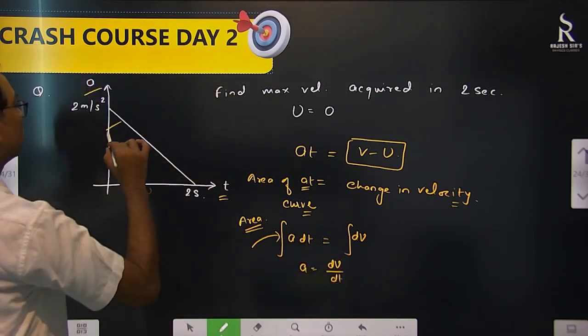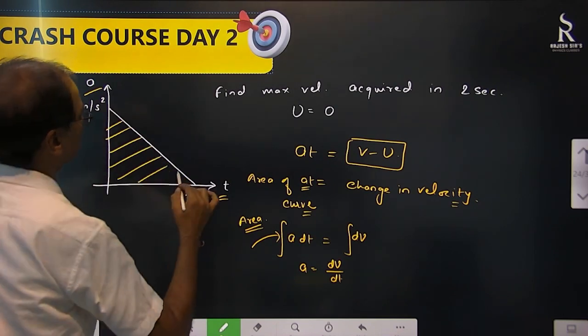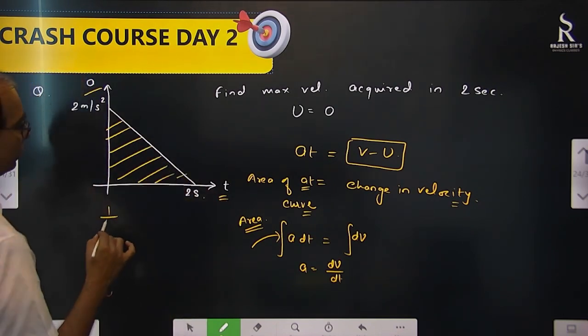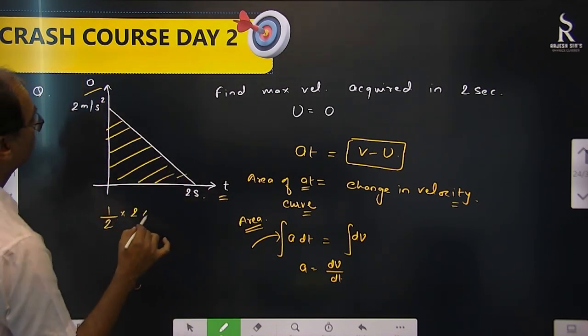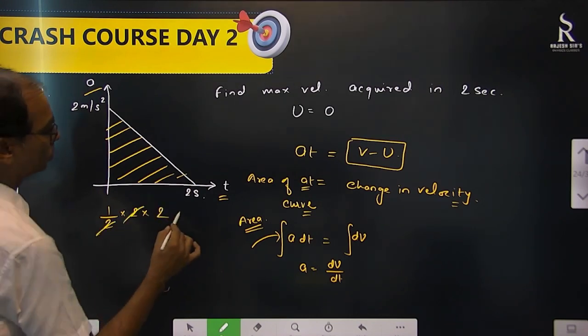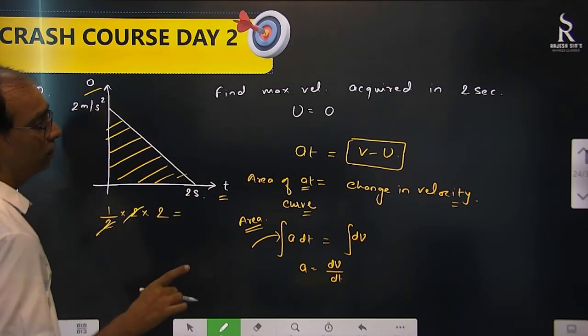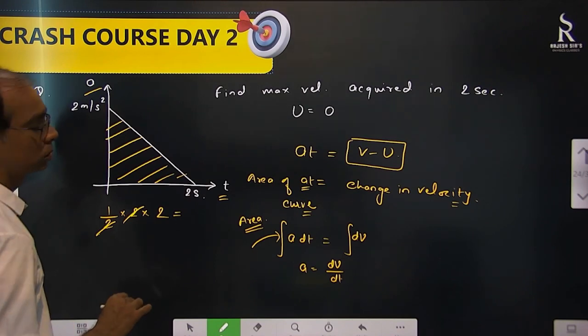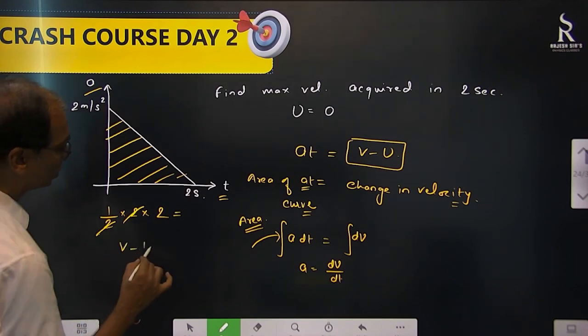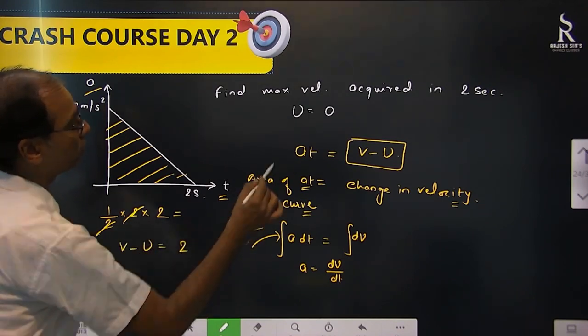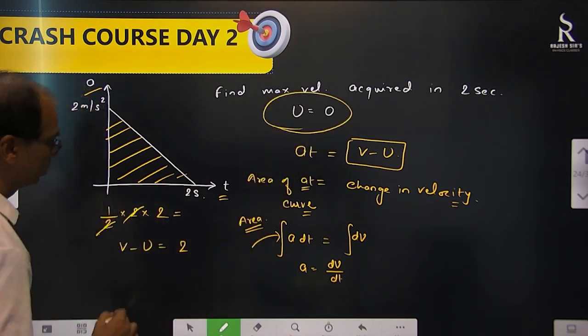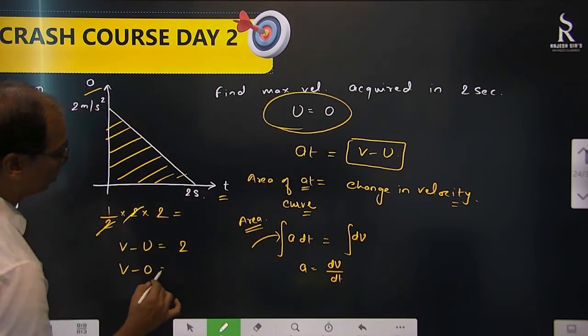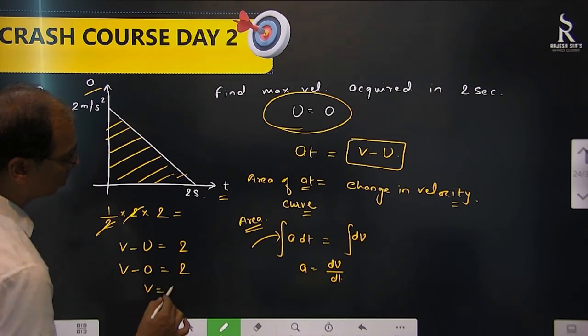So find area. Area is a triangle only, no? Half base into height. So only 2. So change in velocity is 2. That means V minus U is 2. U is given as 0. So V minus 0 equal to 2. So V is 2 meter per second.